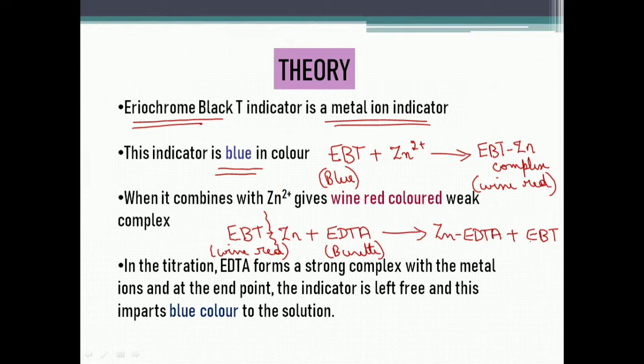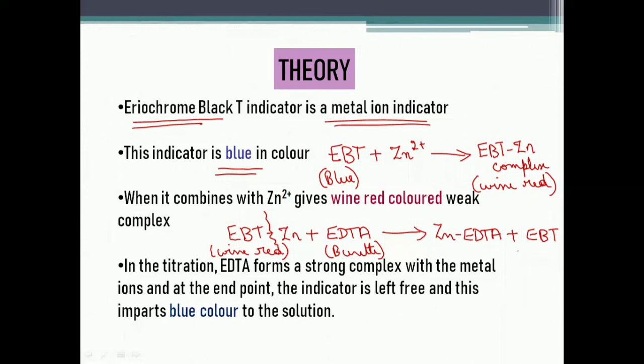Since these free EBT indicator molecules are present at the end point, the entire zinc that was in the complex form with this EBT has been dissociated and has formed a complex with EDTA. The only thing left is EBT, which is free indicator molecules.